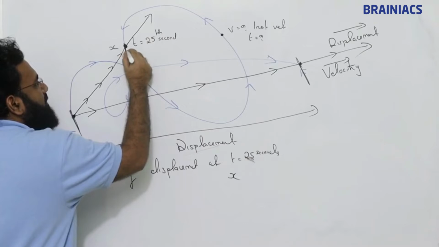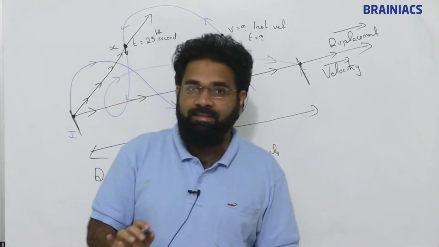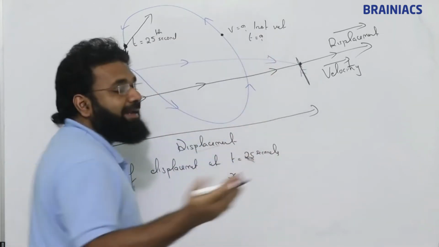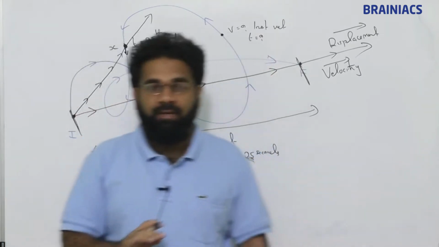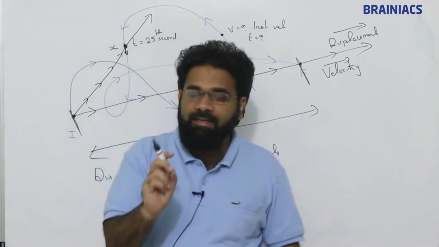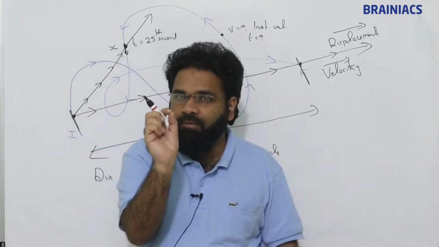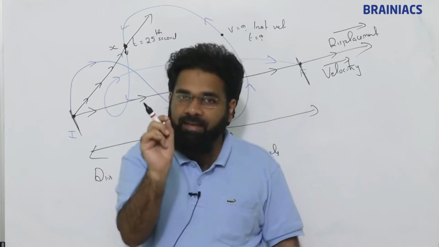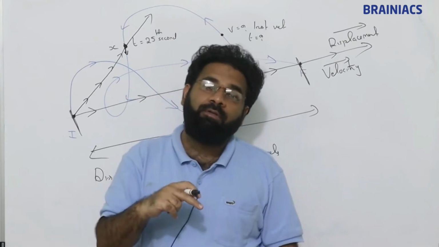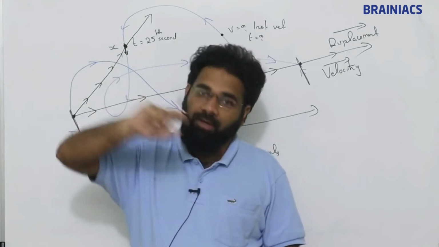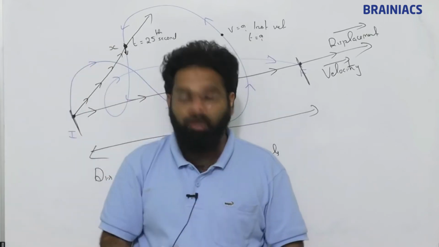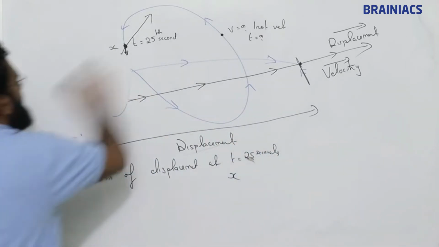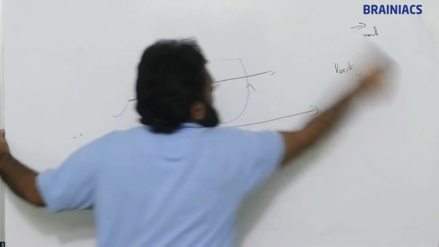In whichever direction it is moving, that will be the direction of instantaneous velocity. But speed doesn't have any direction. So instantaneous velocity direction will be the direction of velocity at that moment. Average velocity direction will be, draw a line, whatever be the direction of displacement, that will be the direction of average velocity. Now we will get into the details of it.